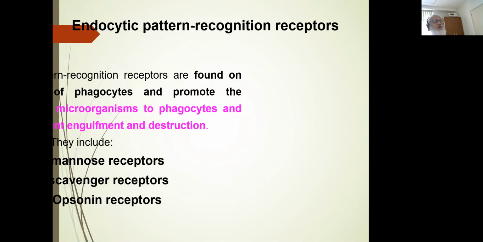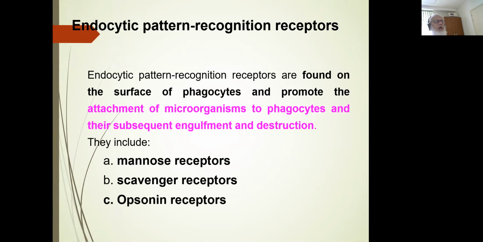Let us examine the endocytic pattern recognition receptors. Endocytic pattern recognition receptors are found on the surface of phagocytic cells, and they promote attachment of the microorganism to phagocytes. On the surface of the microorganism, there is a pathogen-associated molecular pattern, and on the surface of the phagocytic cell, this endocytic pattern recognition receptor. So when the pathogen-associated molecular pattern binds with the endocytic pattern recognition receptor, there will be engulfment and destruction.